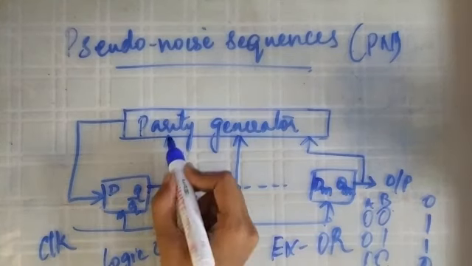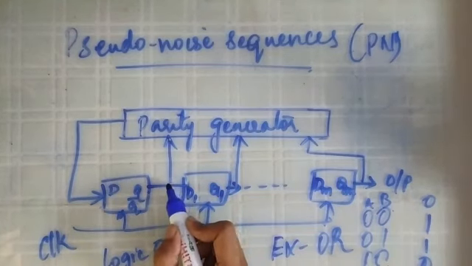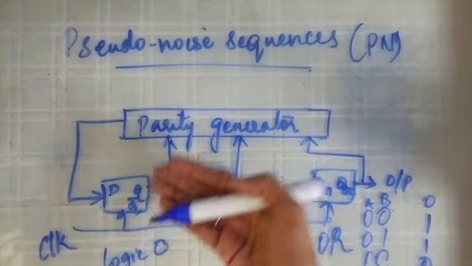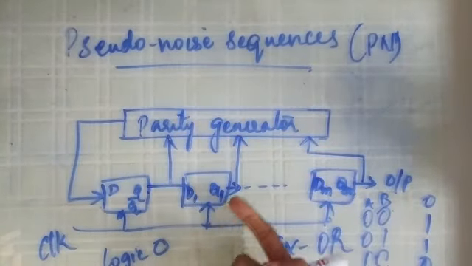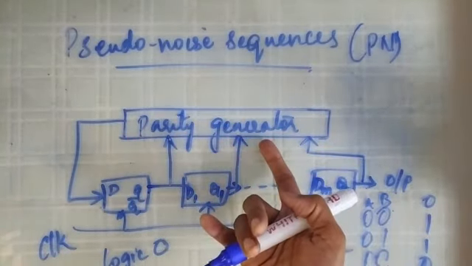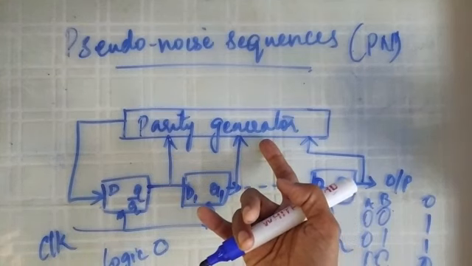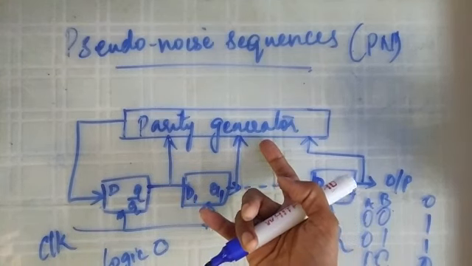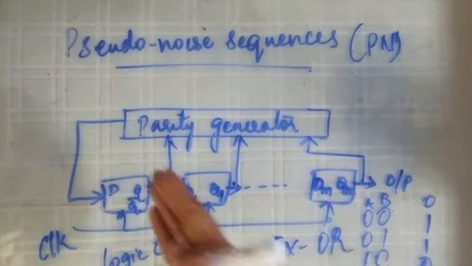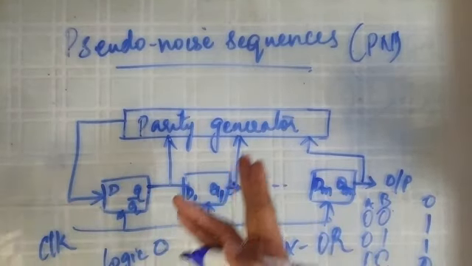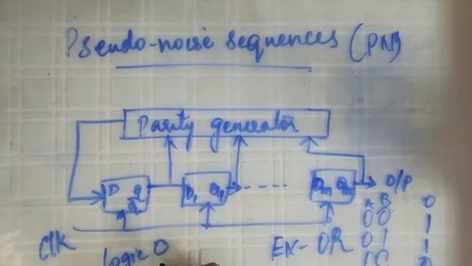What are the inputs to the parity generator? Nothing but the outputs of the flip-flops. So when an even number of flip-flop outputs are connected to the parity generator, you have a logic 0. When an odd number of inputs are connected, you have a logic 1 output. Remember this, because it's an XOR operation.